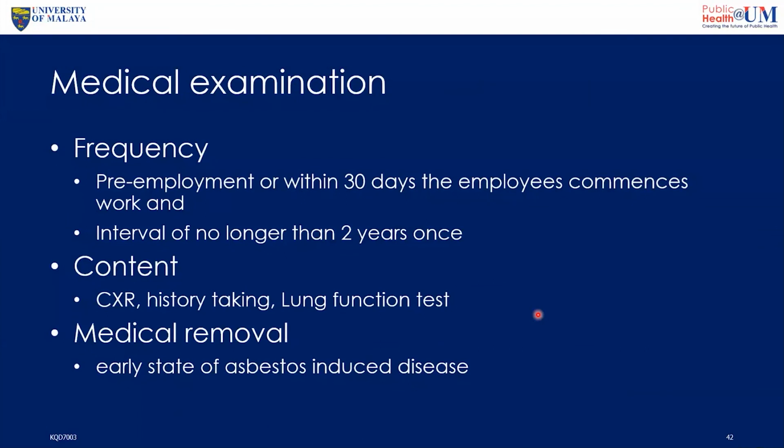Frequency of medical examination: pre-employment within 30 days of employee commencing work, and interval no more than 2 yearly. Content: they must do a chest x-ray, we must take history, lung function test, and medical removal is when we see early stage of asbestos induced diseases.